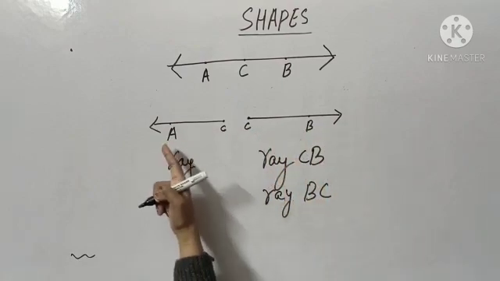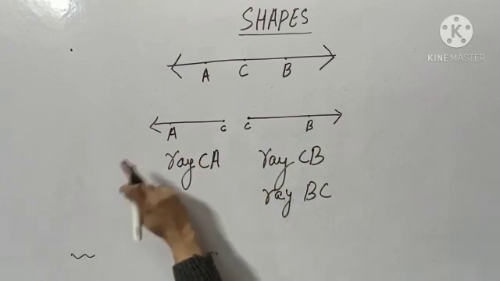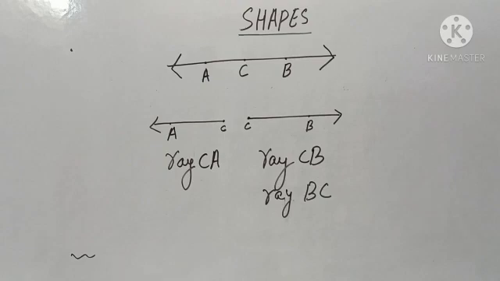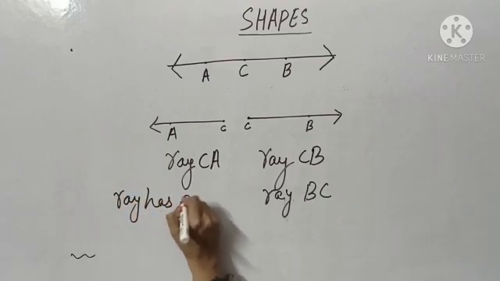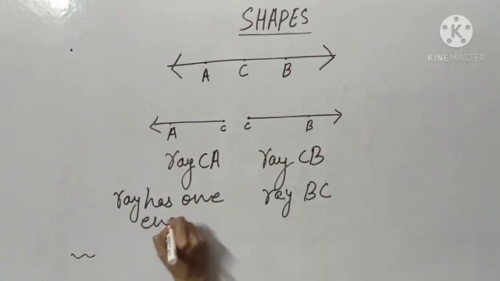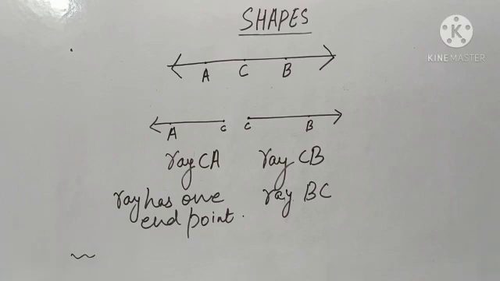Same way, name of this ray will be CA and not AC. Okay. So ray has one end point.